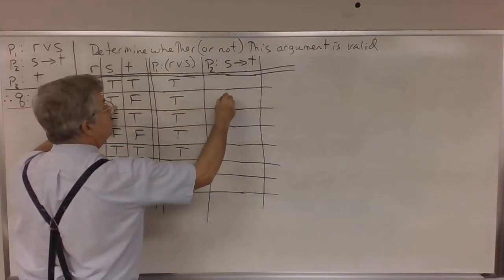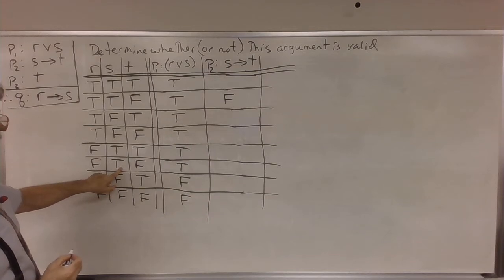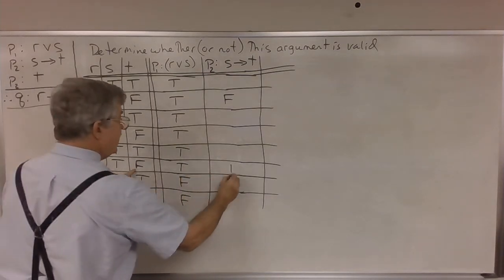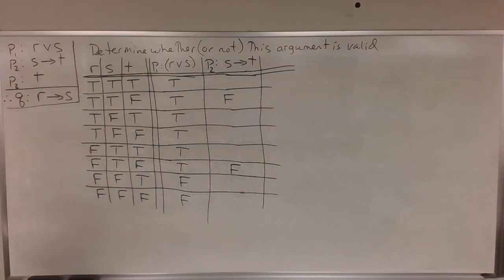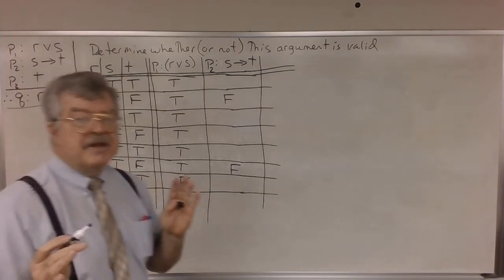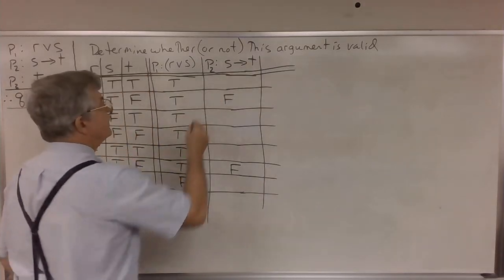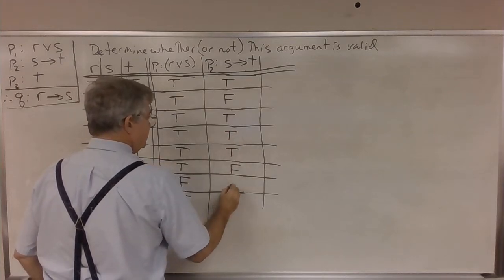So here's one place where it's false. It happens here too. S true, T false. So we have a false here. And I think that's the only place where it happens. Yeah? So every other case, S implies T is true. So we just go ahead and put true here, every other place.